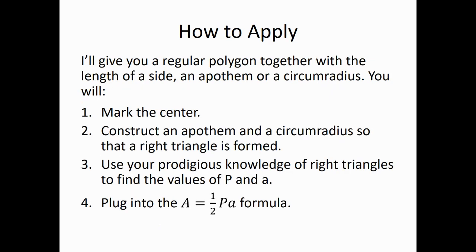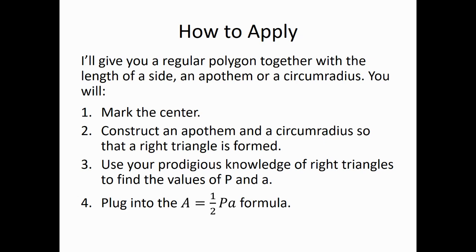So here will be the strategy when we find the area of a particular given regular polygon. Well, you'll have the number of sides, you'll have to know that, and then you'll be given some length. That could be a side length, that could be an apothem, that could be a circumradius. Now here's what we'll do. We'll mark the center. Each regular polygon has one of those. We'll construct an apothem and a circumradius, and thereby create a right triangle. That will be the key to this procedure.